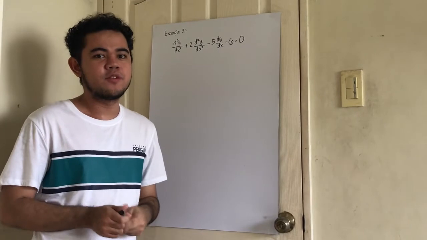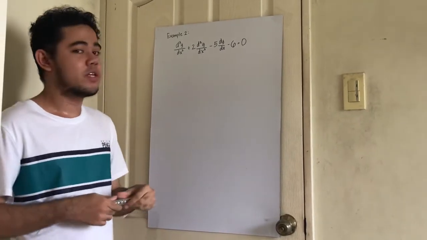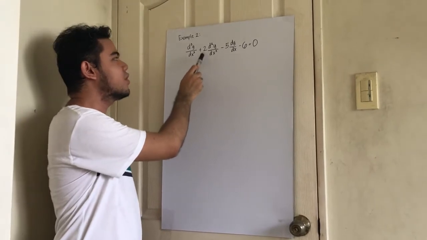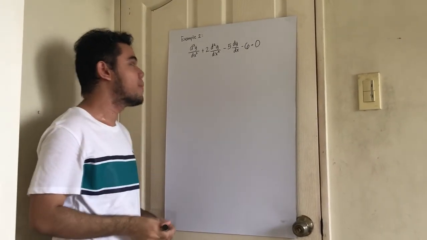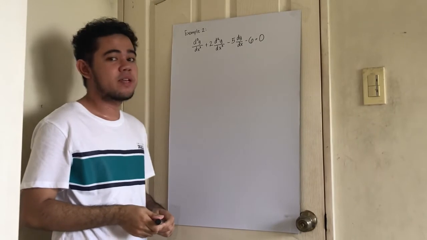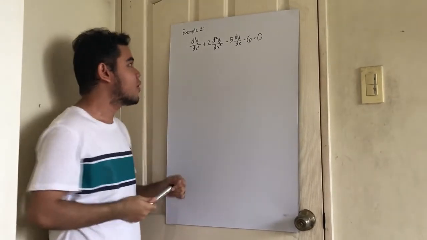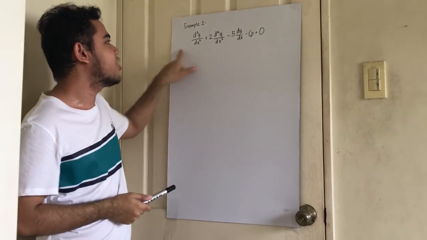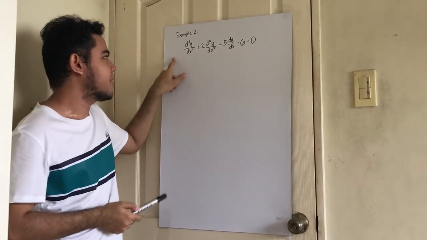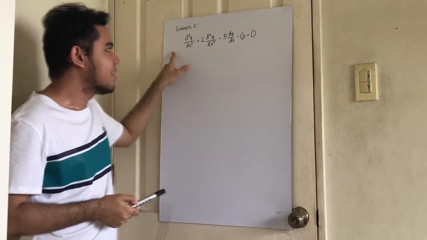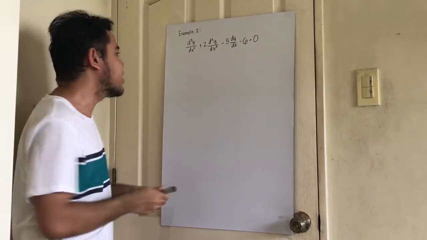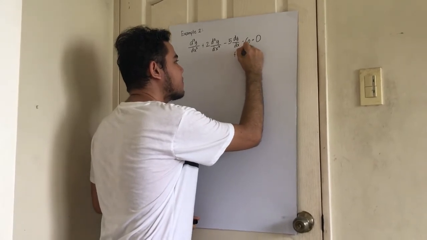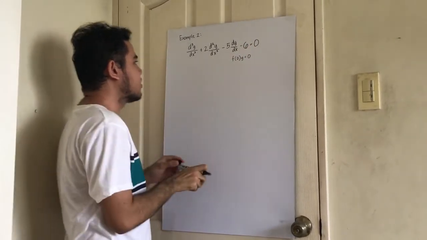So, good morning everyone. For example number 2 is d cubed y over dx cubed plus 2 d squared y over dx squared minus 5 dy over dx minus 6y is equal to 0. First, convert this differential equation into its differential form, which is f of D times y is equal to 0.